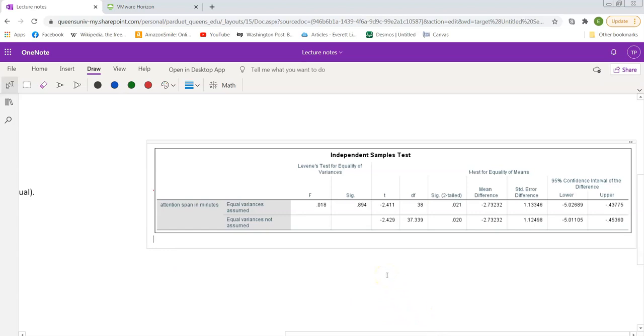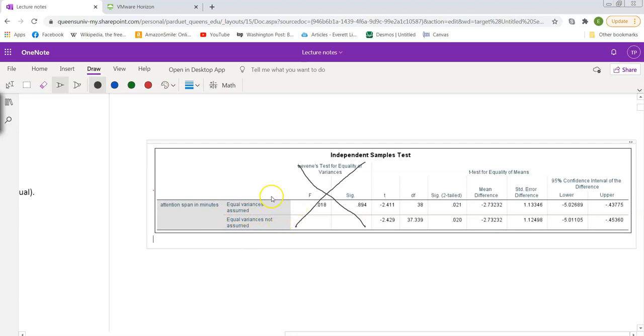All right, so we've got a lot of stuff here and we don't need all of it. So this Levene's test is the one I was telling you is not good. So ignore it entirely. Okay. So what we're left with here is equal variance is assumed and equal variance is not assumed.